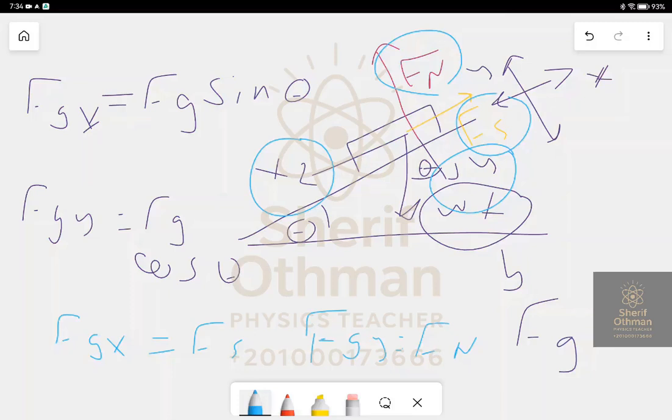So in this case, this object, which is lying on the inclined plane, is static and at rest as a result of four forces, two opposite each other. Fgx is opposite to Fs, and Fgy is opposite to Fn. Fs and Fgx are equal in magnitude and opposite in direction, while Fn and Fgy are equal in magnitude and opposite in direction.